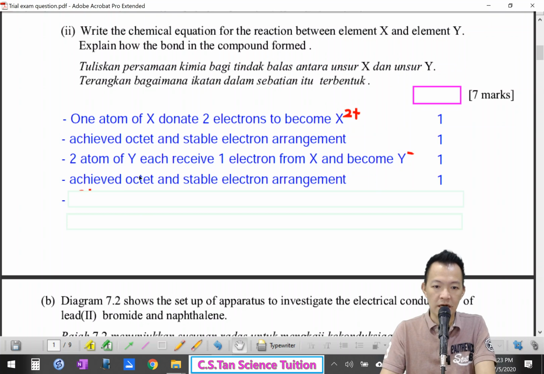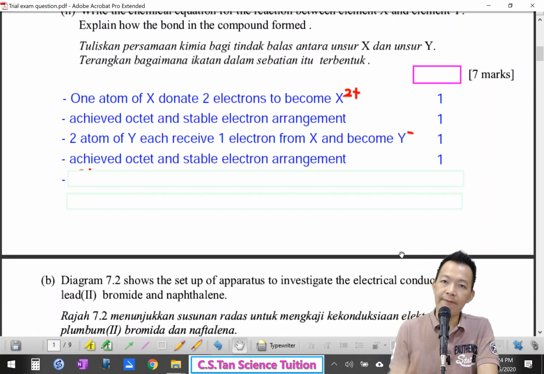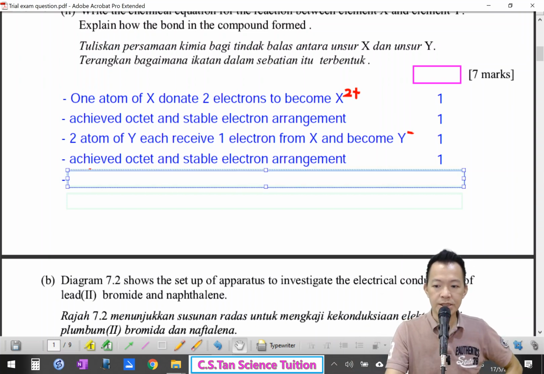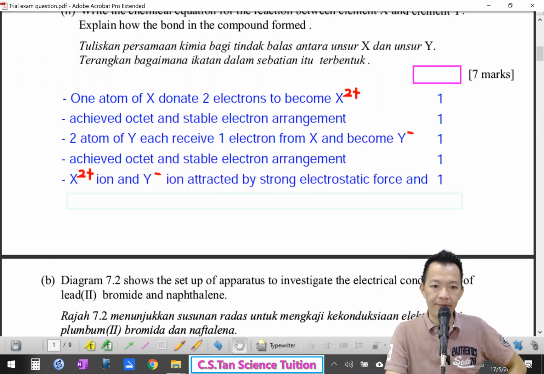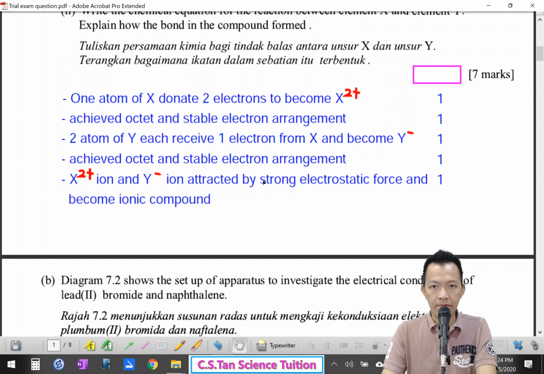它自己也变成 octet stable. Okay? So X2 positive ion, Y negative ion, they will be attracted together with a strong electrostatic force. Okay, so X2 ion, Y negative ion attracted by the strong electrostatic force. Okay, and become ionic compound 变成离子的化合物.